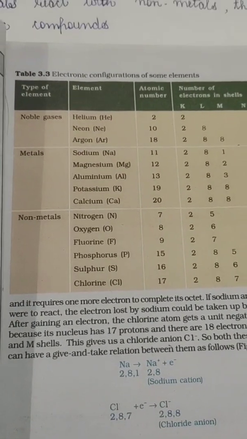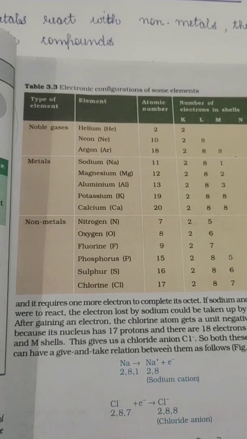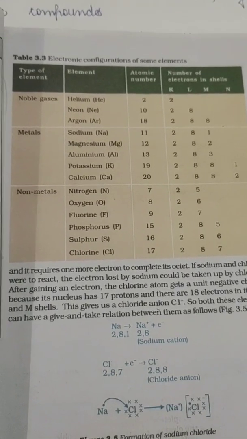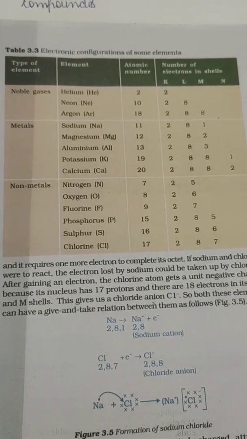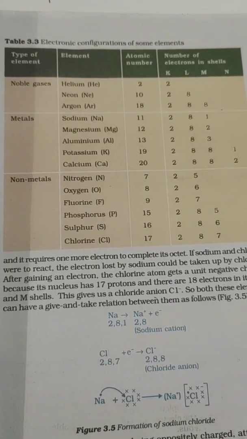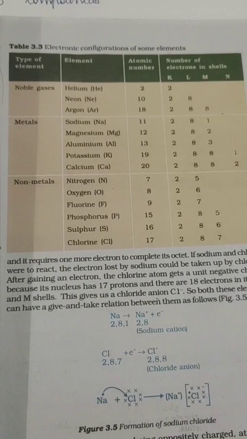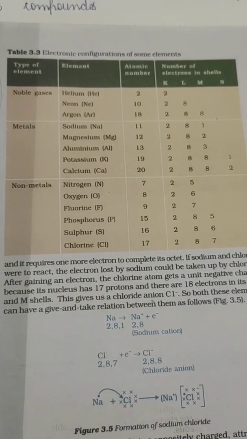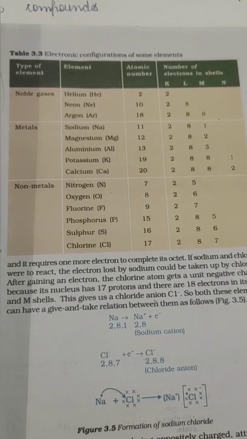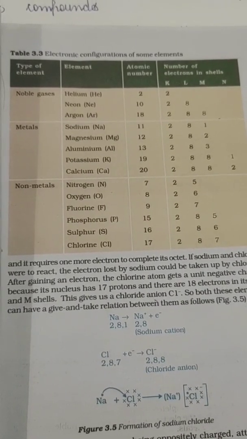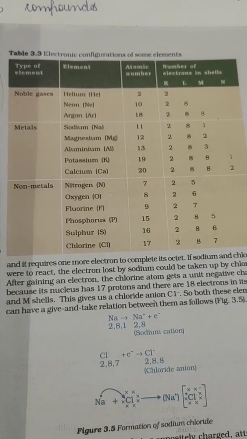In your book, there is Table 3.3. In this table, you have been given noble gases, metals and nonmetals. Noble gases are those elements which have completed their octet structure, or we can say which have complete electrons in their outermost shell.